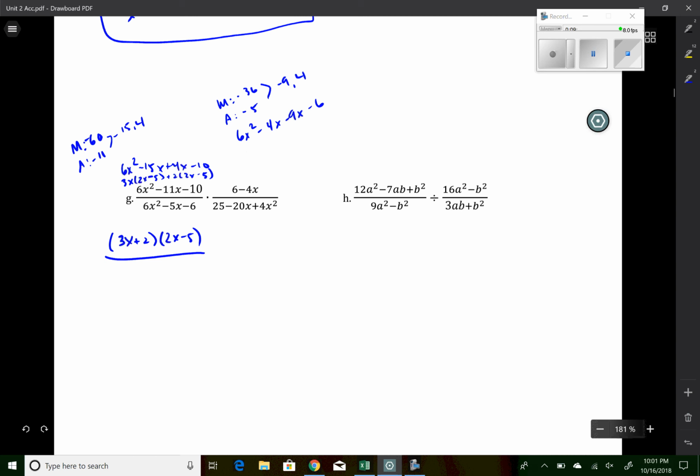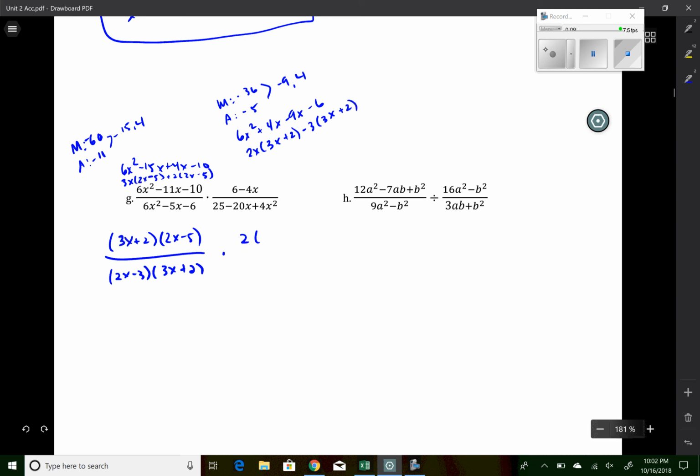It's 2x, leaving us with 3x minus 2, then -3, leaving you with 3x plus 2. So then we'd have the two factors of 2x minus 3 and 3x plus 2.